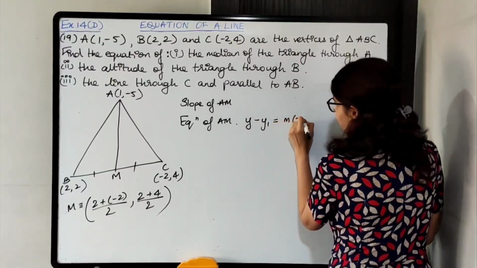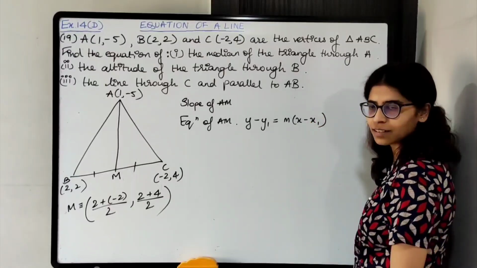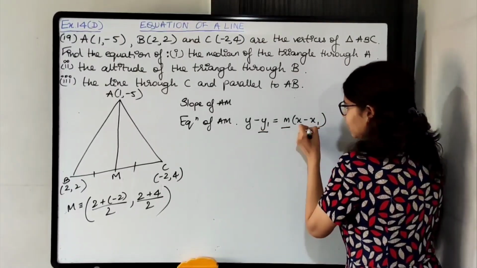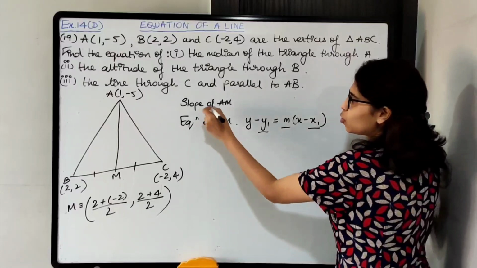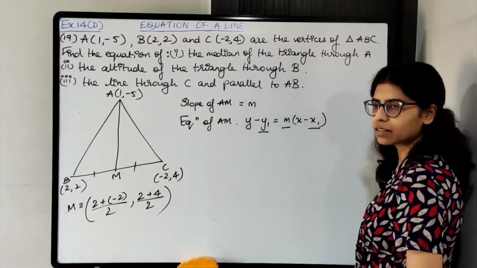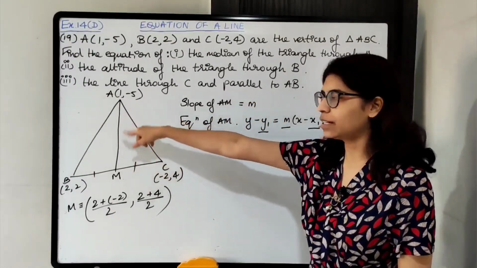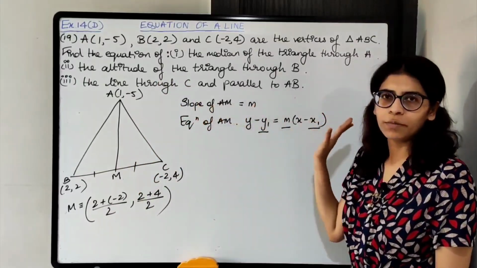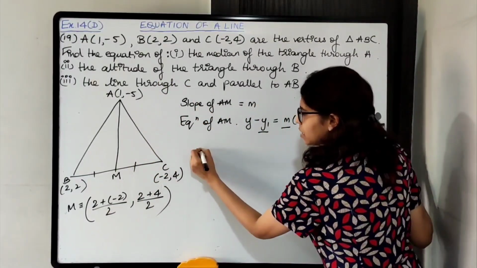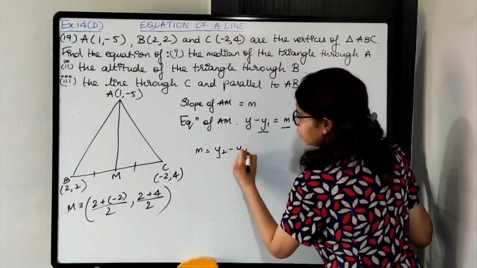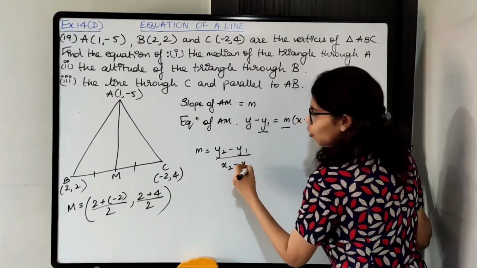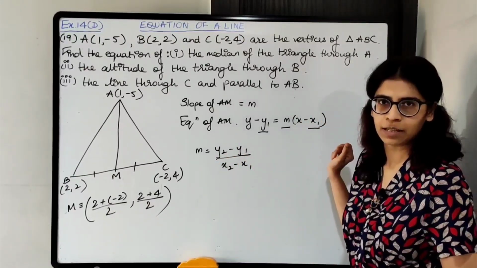So for the equation we'll be using this form. Right? We need the values of y1, m and x1. Slope is nothing but m. I will get m from the coordinates of A and M, because m is nothing but y2 minus y1 upon x2 minus x1, or y1 minus y2 upon x1 minus x2.